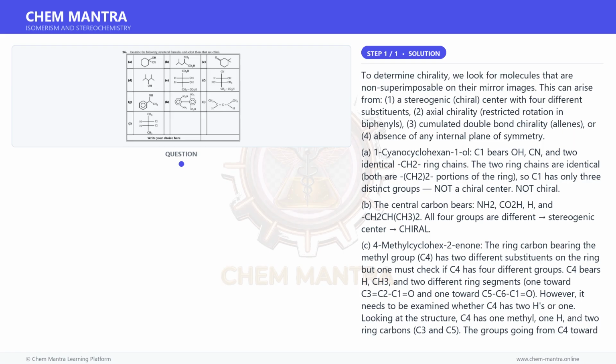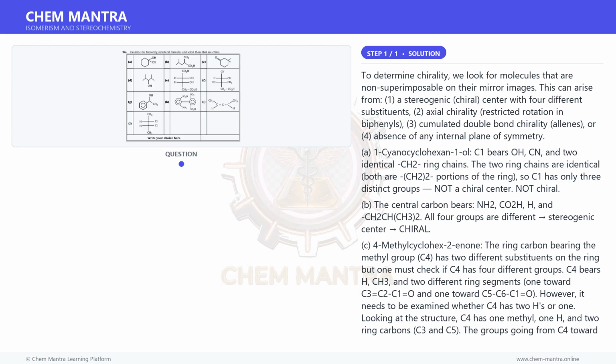C1 has 4 different groups, CN chain above, H, or C2 chain below, stereocenter. C2 has 4 different groups, C1 chain above, OH, CH3, CH2CO2H below, stereocenter. The two stereocenters have different substitution patterns, so no internal mirror plane. Chiral.